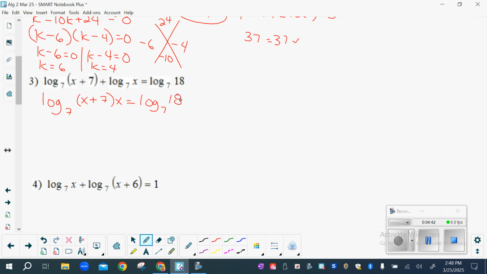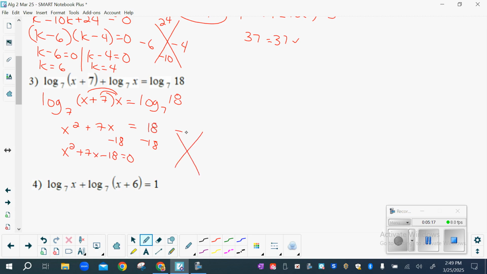You subtract 18 over to make it 0. So we can't do anything yet. Take out the log. Yeah, so while we do that, I'm going to make this 18, and then I'm going to simplify here. And I get x squared plus 7x, just to save some time. And then what would we do next here in this group? x squared plus 7x minus 18 is 0.